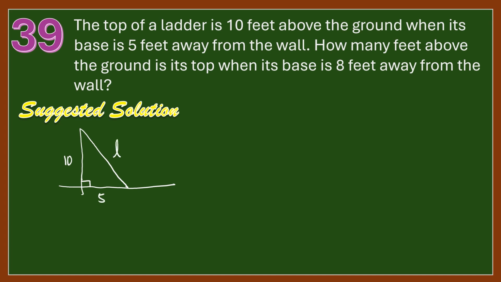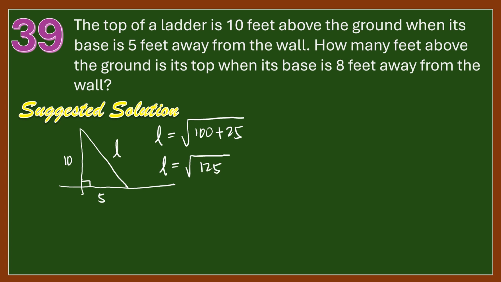So if L is the length of the ladder, we'll use the Pythagorean theorem. L is equal to the square root of 10 squared plus 5 squared. Therefore, L is equal to the square root of 125.